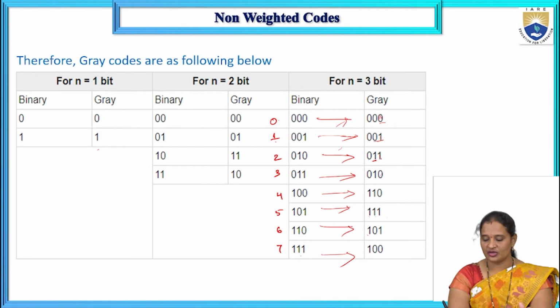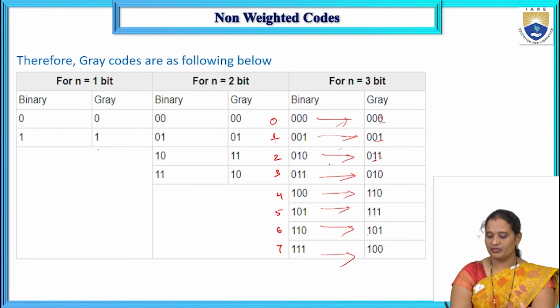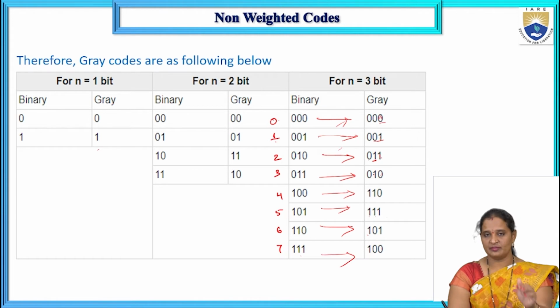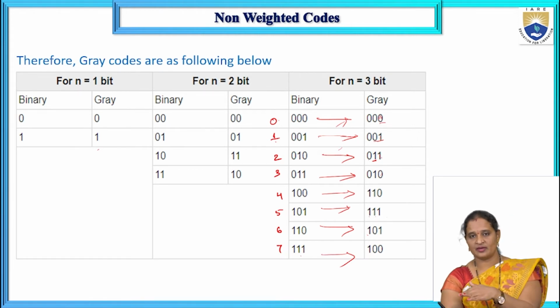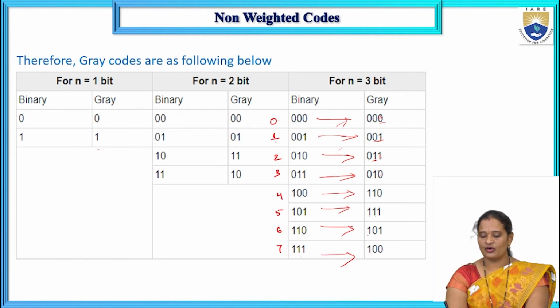And from 2 to 3, that means the decimal value is incremented by 1. Now the gray codes, if you observe, are 0, 1, 1 and 0, 1, 0. How many bit positions differ? Only 1 bit position. Like that, you can check any 2 consecutive codes.